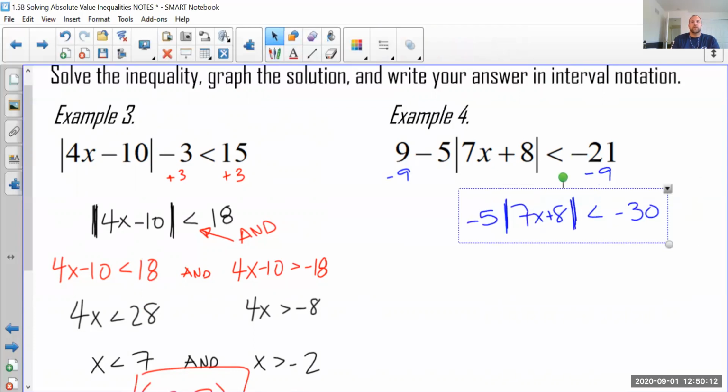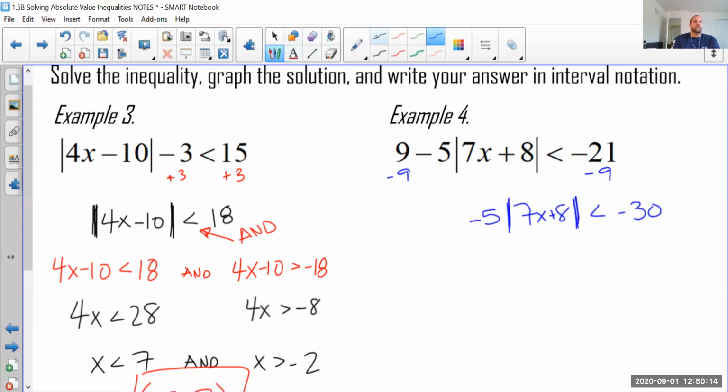Then we need to divide by that -5. So divide everything by -5. What do we do when we divide by a negative? Flip the sign. Okay, so there's actually going to be a lot of flipping the sign going on here. So we divide by that -5, so we get 7x plus 8.